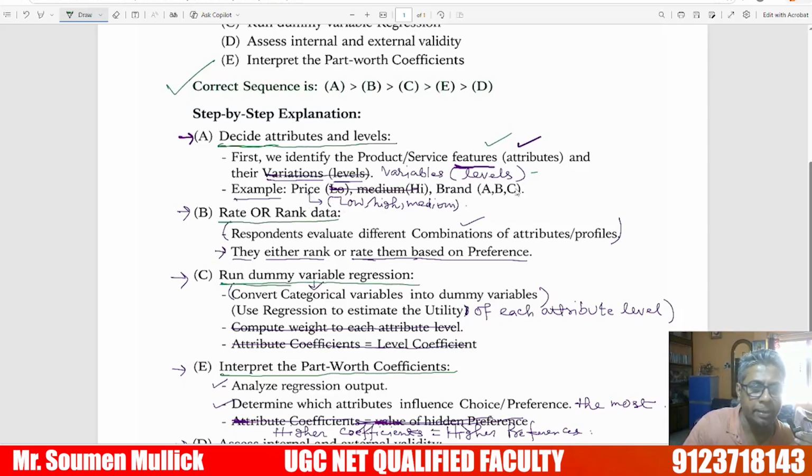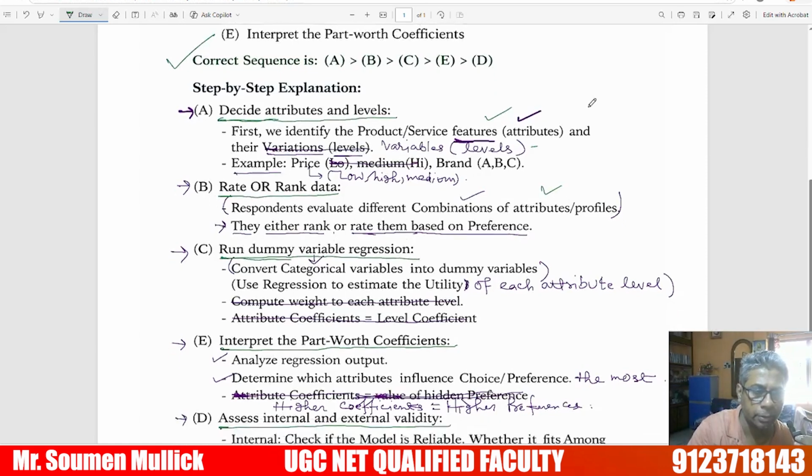Brand can be A, B, C. First, decide attributes and levels. Second step, rate or rank data. The respondents evaluate different combinations of attributes and levels. They either rank or rate them based on preference.